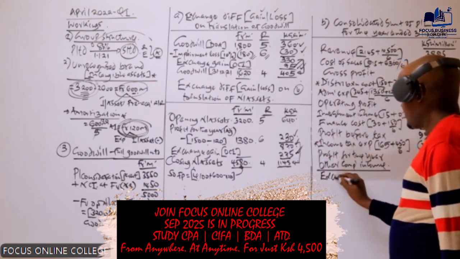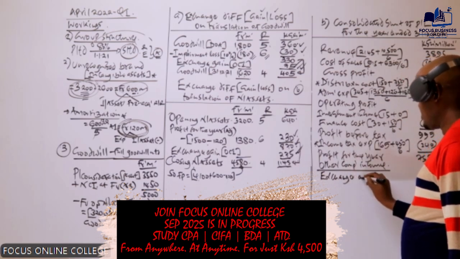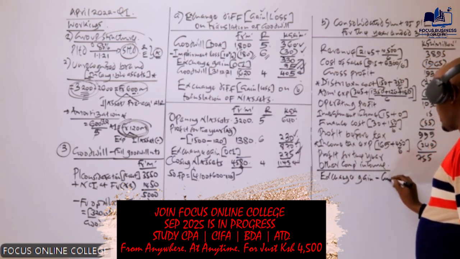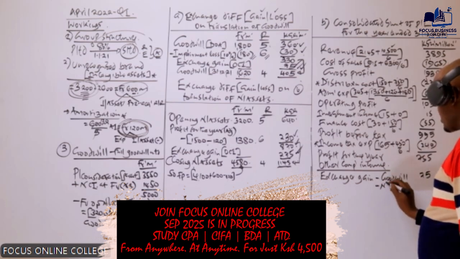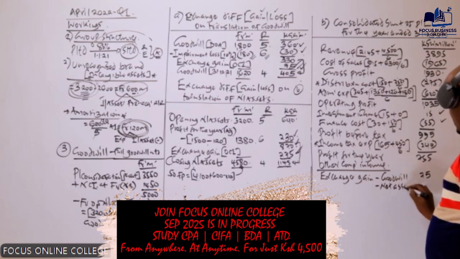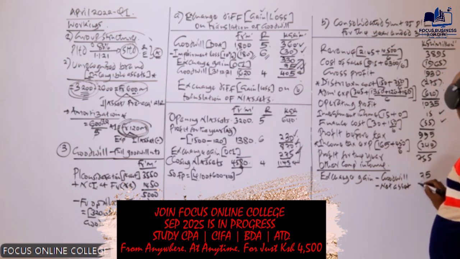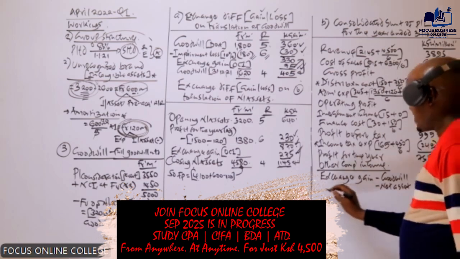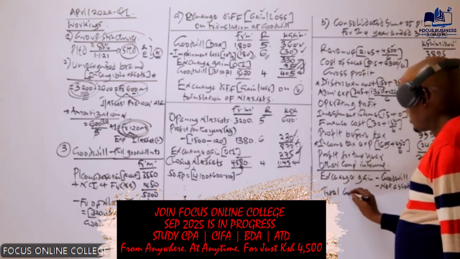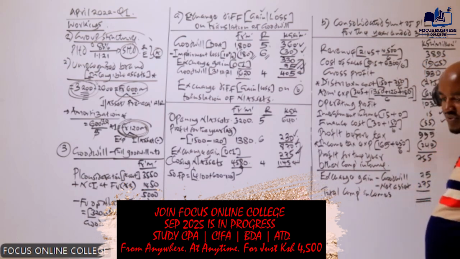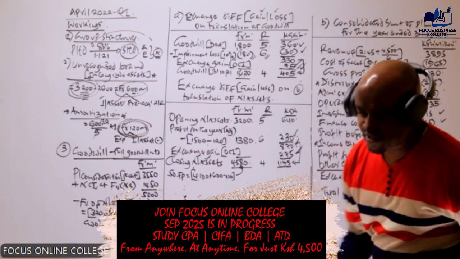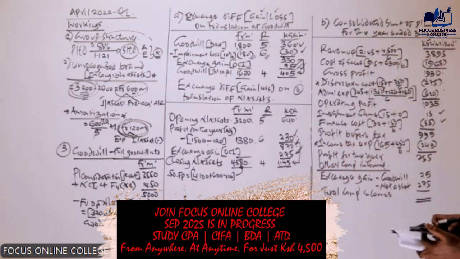The exchange gain on translation of goodwill, which is 75, and also on translation of net assets, which is 275. And we get the total comprehensive income.